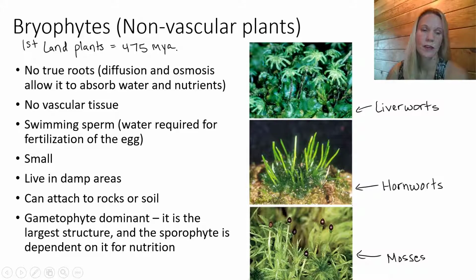Okay, so we want to keep that in mind as we look at the different plant groups. Which plant groups are gametophyte dominant and which plant groups are sporophyte dominant? So the bryophytes are the only group that's gametophyte dominant. So we're going to discuss the alternation of generations life cycle specific to the bryophytes.